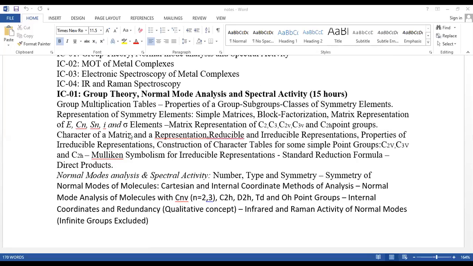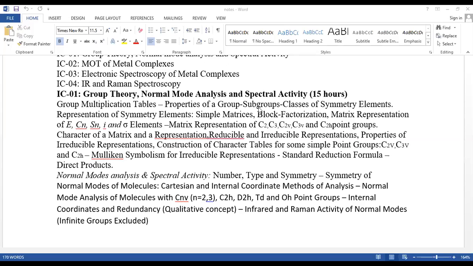This is a very big chapter, and just like symmetry, you should keep on practicing. You start with a little bit of mathematics: the group multiplication tables and properties of a group.